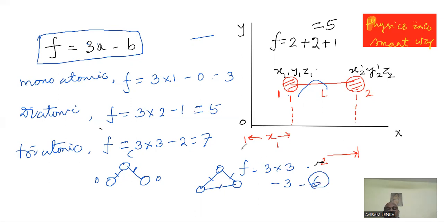So a triatomic gas can have a degree of freedom of 7, or of 6. So a triatomic gas becomes controversial until the question clarifies it. We cannot get a definite degree of freedom. Usually, your questions and most of the examples in this topic deal with a monoatomic or a diatomic gas. Triatomic gases are very, very rarely given. So that is the degree of freedom.